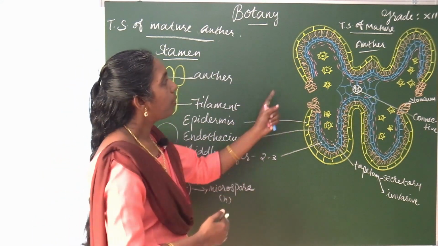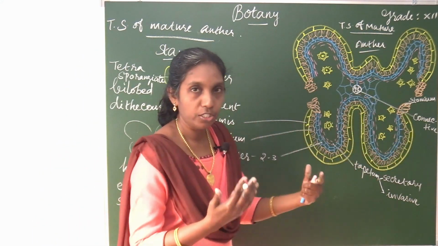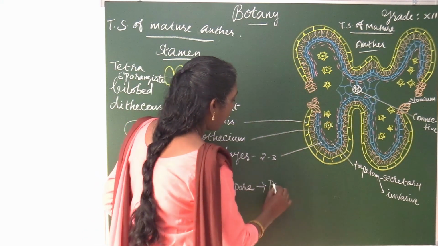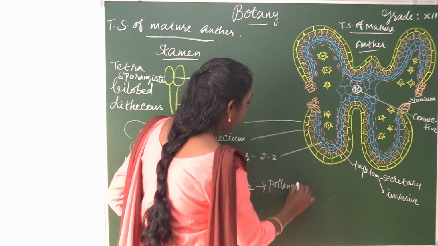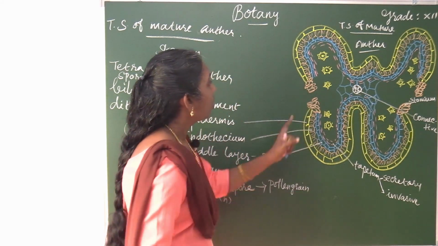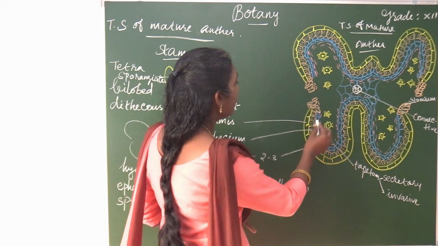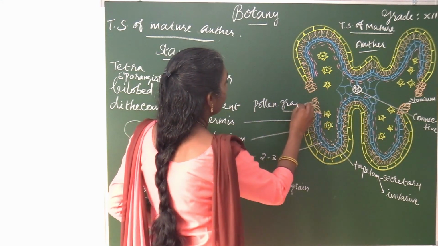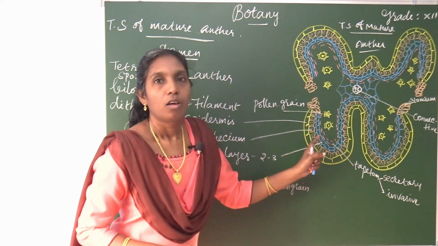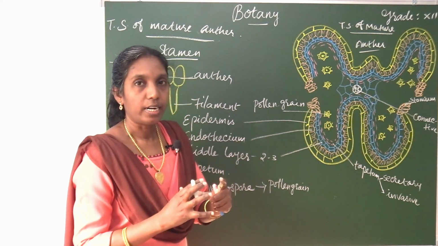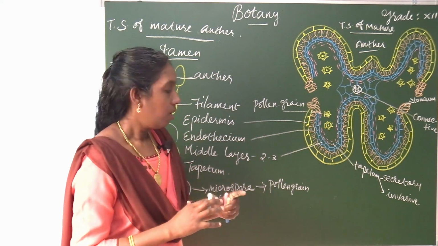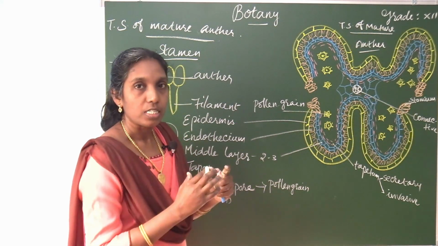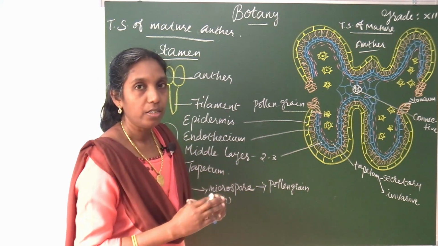Now, later, in the mature anther, this is the structure of the mature anther. Here, this microspore is formed as pollen grain. Now, these are the pollen grains. When you see the structure of the pollen grain, the pollen grain consists of protoplasm and a nucleus.